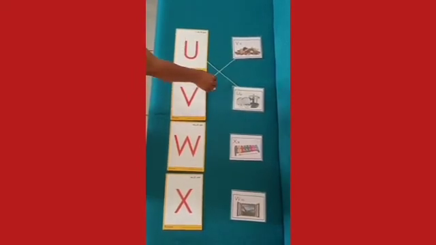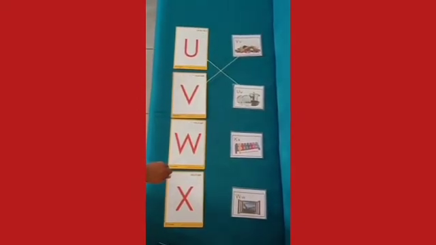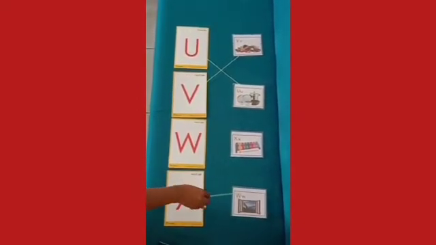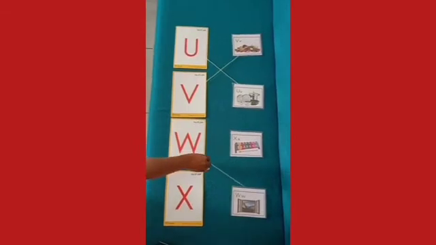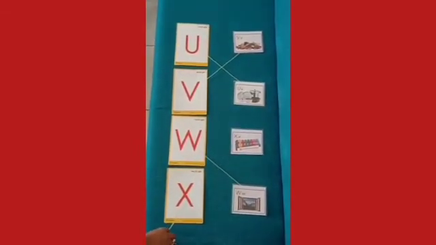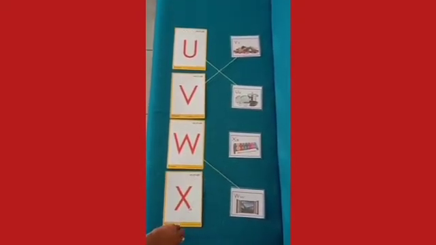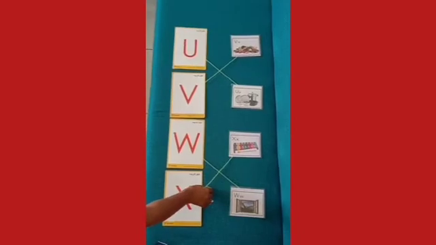So we will match it with vegetables. Next alphabet is W. W for window. So we will match it with window. Next alphabet is X. X for xylophone. So we will match it with xylophone.